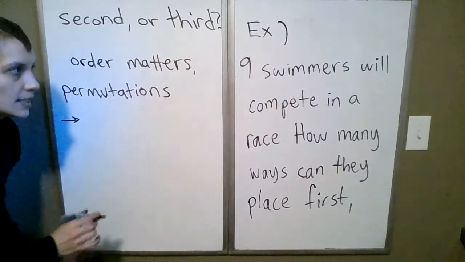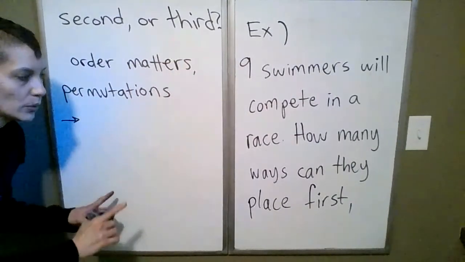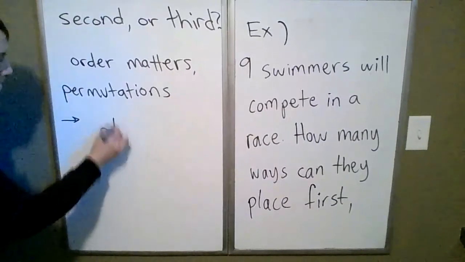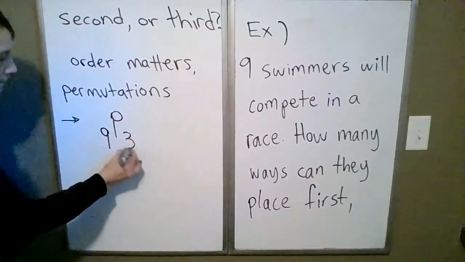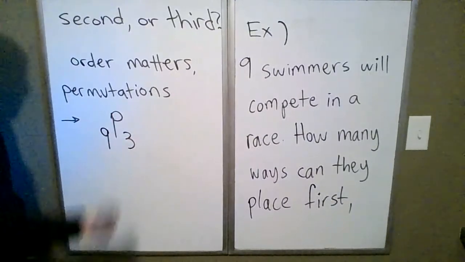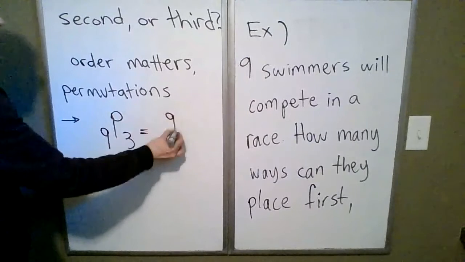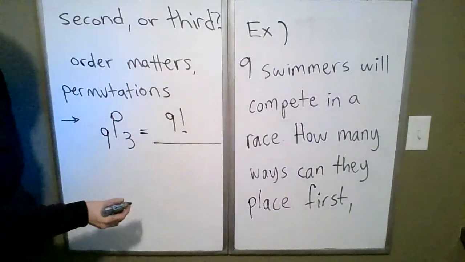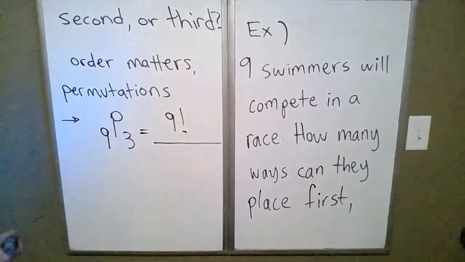And what we're looking at is from 9, we want to permute 3. Which means we take 9 factorial, divide by 9 minus 3 factorial.